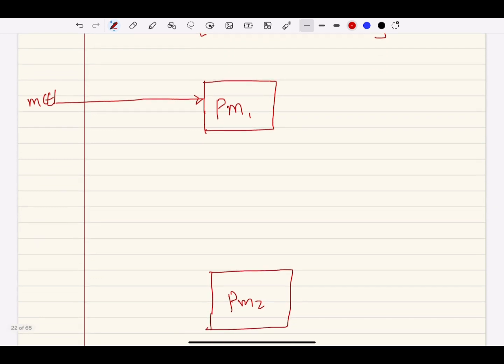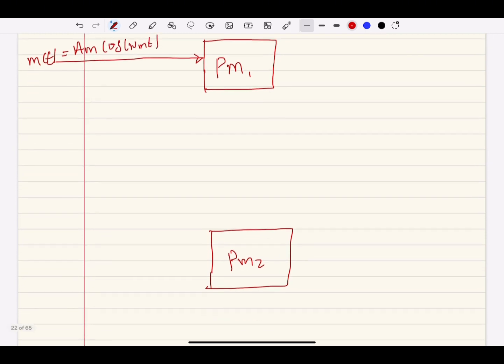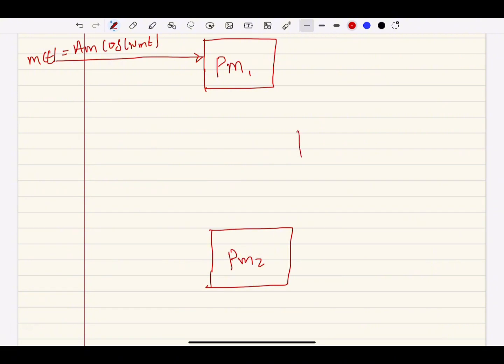So in this case, you have m(t), which is equal to Am cos ωm t. This is our local oscillator, which is LO. This local oscillator produces a carrier wave signal, and this carrier wave signal is being multiplied by the message signal going to the first modulator, which is Ac cos ωc t.